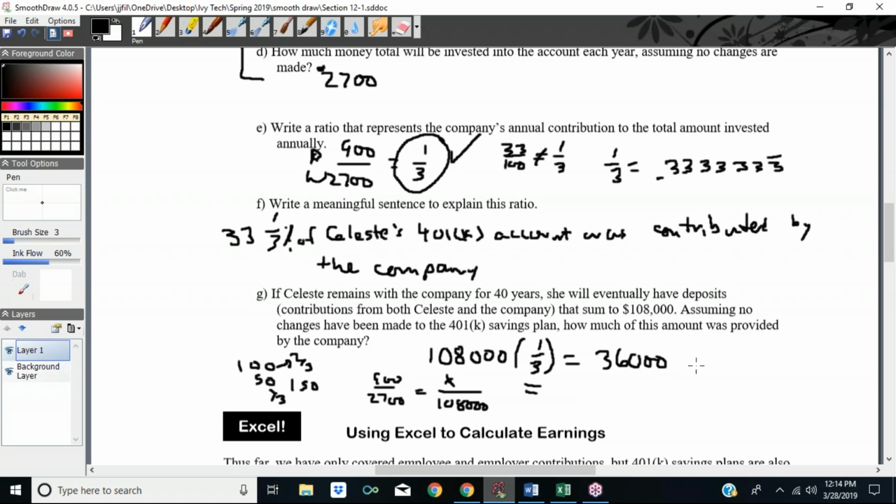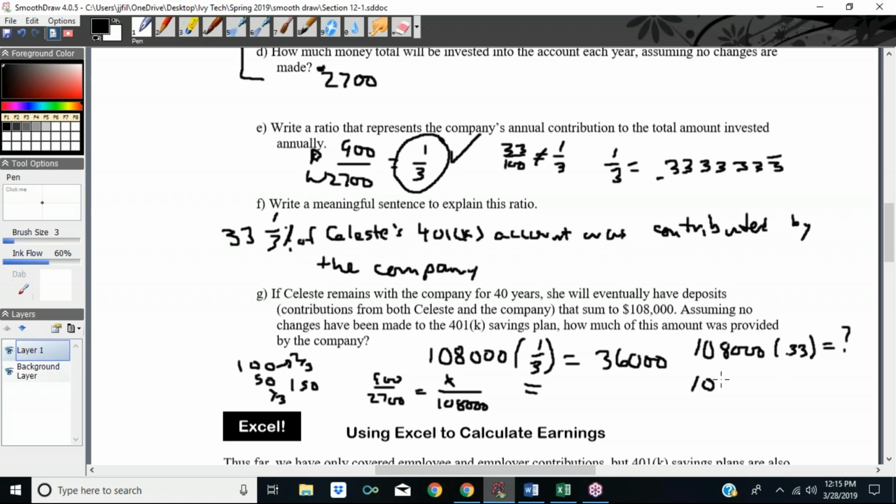Or if we did it using the decimal, look what happens when you multiply 108,000 times 0.33. Do you get 36,000? That's my question. No, you don't. You get 35 something.